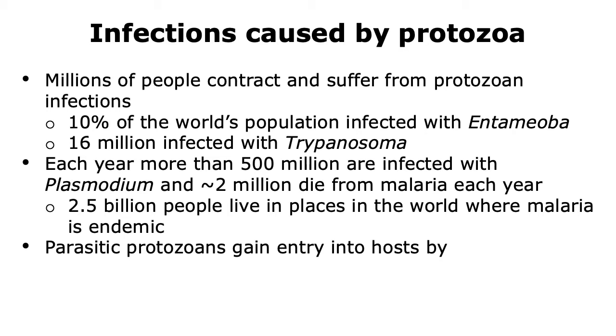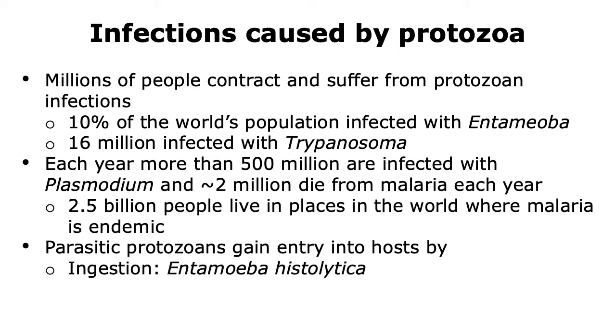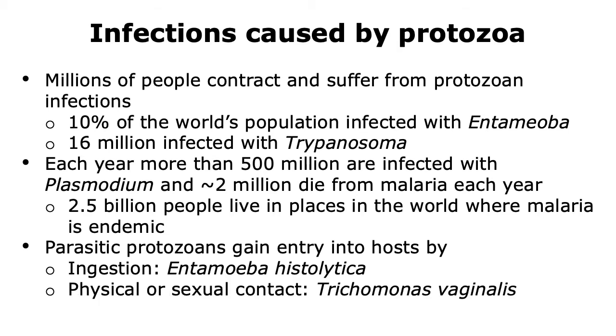Protozoa that cause infections are able to gain entry into the host through a variety of mechanisms. These include the ingestion of food or water, and an example of such a protozoan is Entamoeba histolytica. This is a protozoan that causes the disease amoebiasis. Protozoa can also enter through physical or sexual contact, and an example of this is Trichomonas vaginalis that causes the disease trichomoniasis.